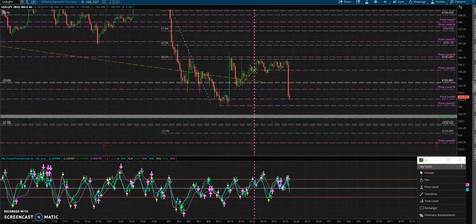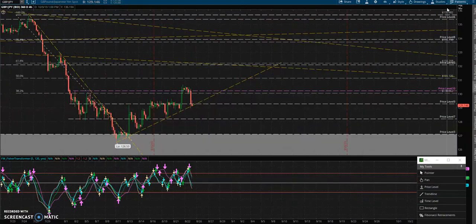All right, so we'll move on to the last chart, which is the pound yen. Pound yen, I missed this trade on this demand zone, so I wish I would have been a buyer right here because it's making its way back up.